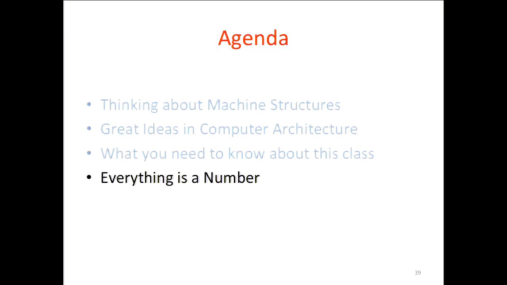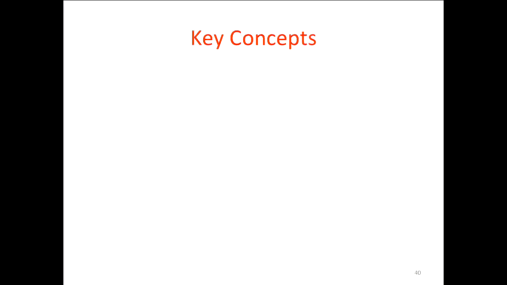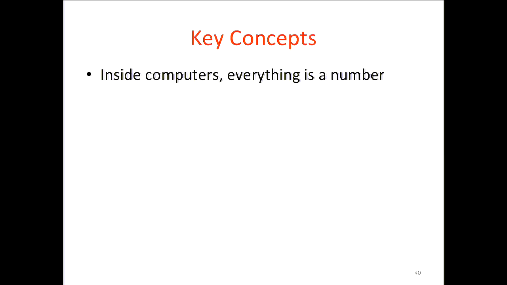Here, because we're on ECS, we'll say that everything is a number, at least everything we can represent as a number, or everything a computer knows how to interpret, which means mostly information. Information I can encode as a number, and that's exactly what a computer does. It encodes information, whether it's instructions on what to do or data. It will represent it as a number and then go execute on that.